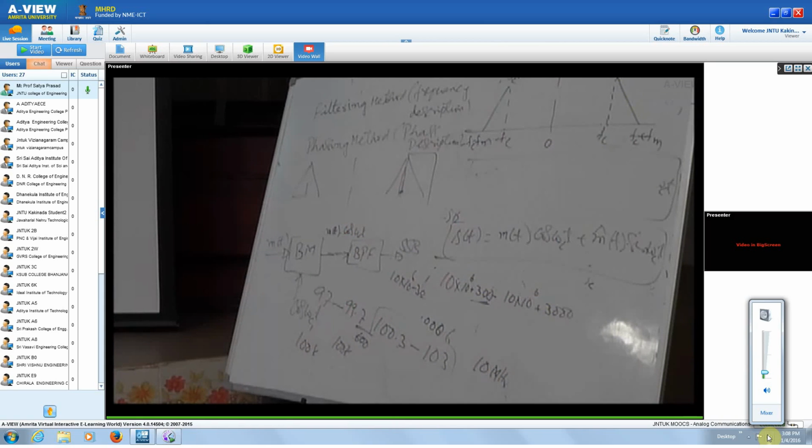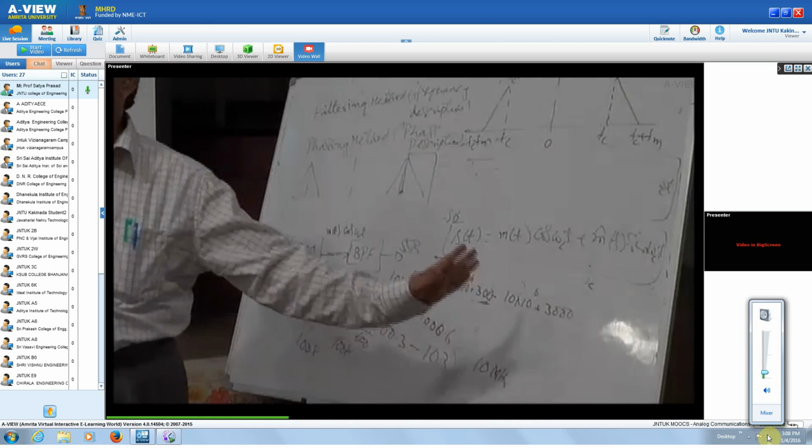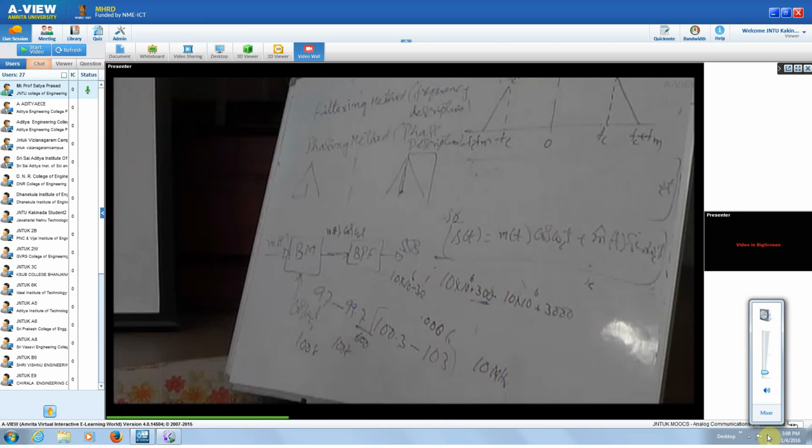If we still have any problem, you may have one more stage: 100 kilohertz to 1 megahertz, 1 megahertz to 10 megahertz, and so on. Increase the number of stages so that you can design the required filter. If you are transmitting USB, LSB is your unwanted side band. If you are transmitting LSB, USB is your unwanted side band.